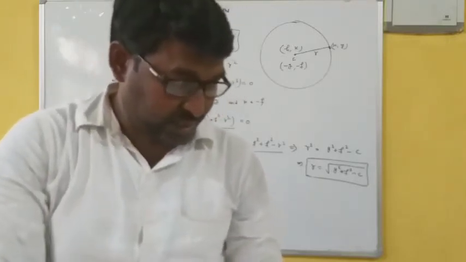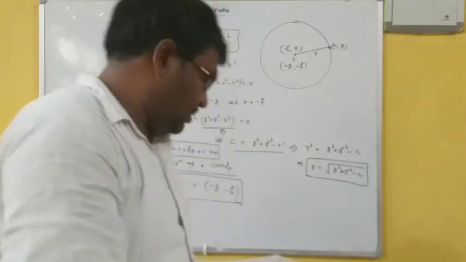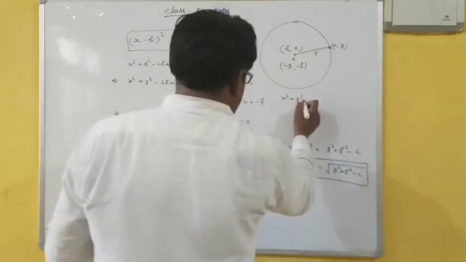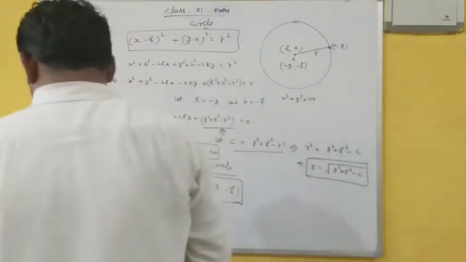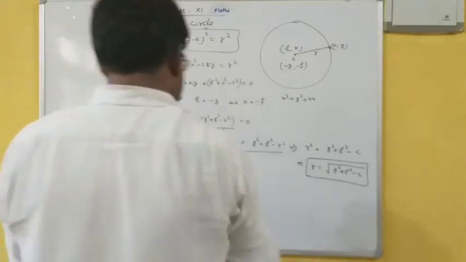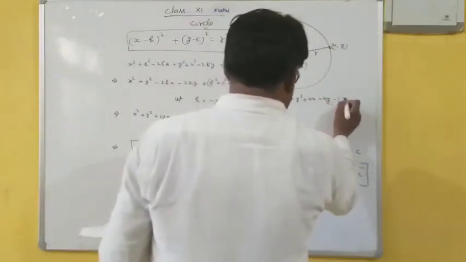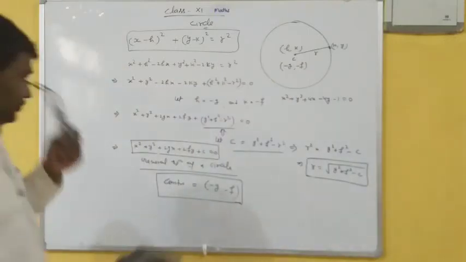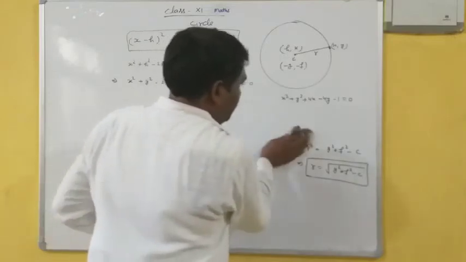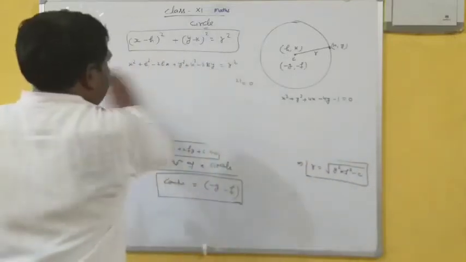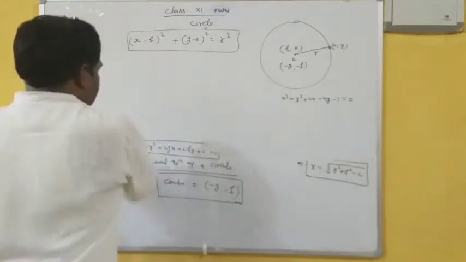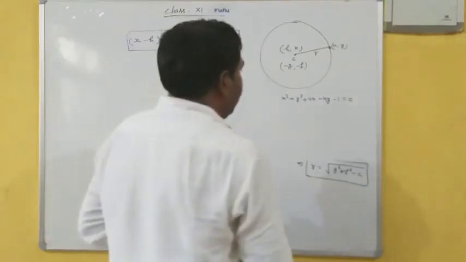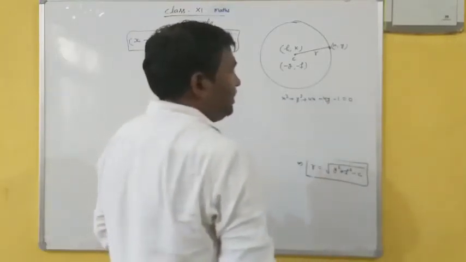The given circle is x square plus y square plus 4x minus 4y minus 1 is equal to 0.